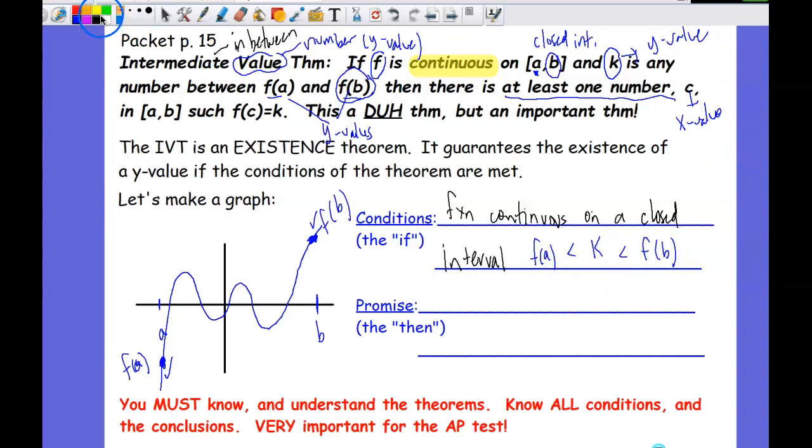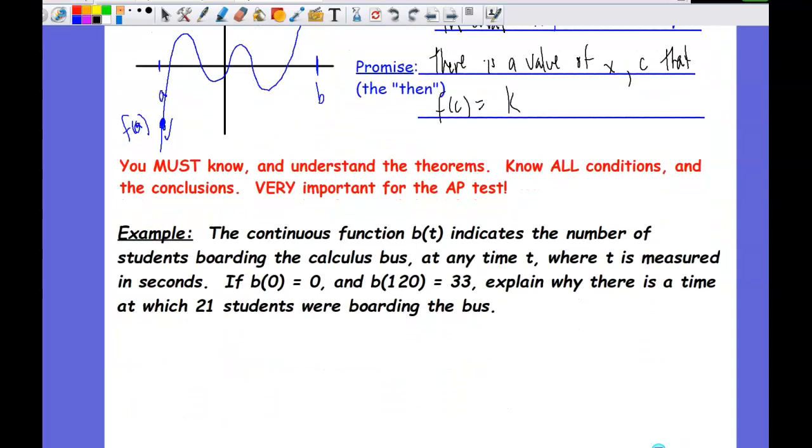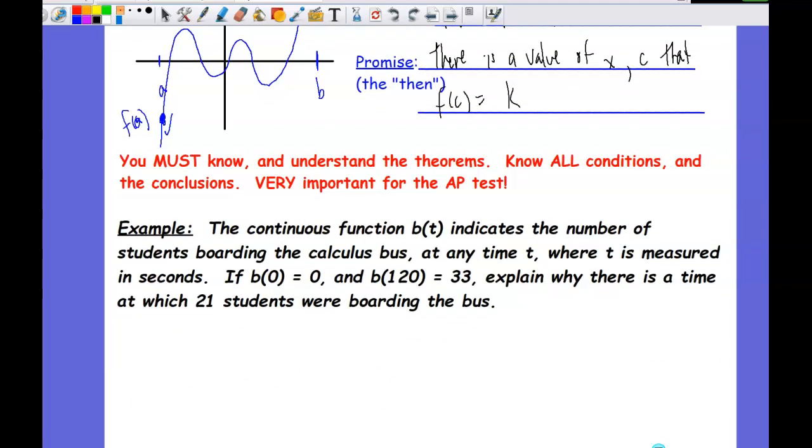The promise is there is a value of x, and we're going to call it c, that f of c equals k. In other words, the x value c generated the y value of k. That seems like a lot of words and a lot of gobbledygook, but let's look at an example, and I think it'll all make sense.